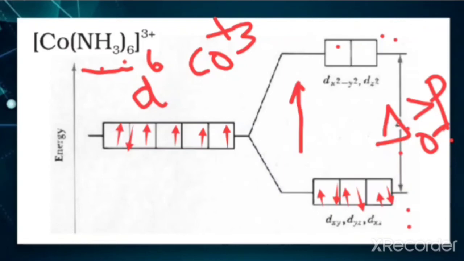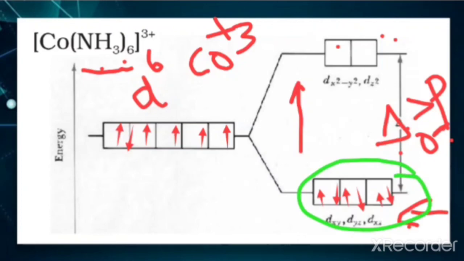So we can say that this complex is diamagnetic because all the electrons are paired. When you look here, all the electrons are paired because of the strong field ligand.